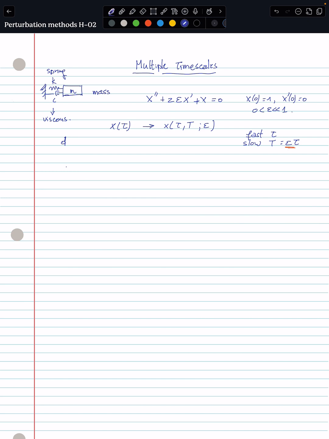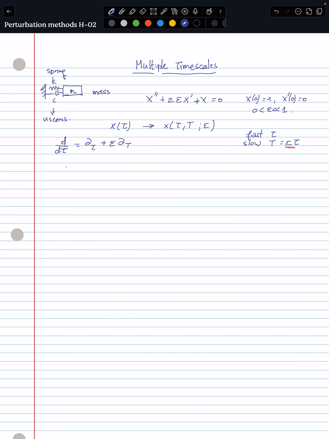This is not necessarily always justified, but if you try it and it works, this is exactly what you want. That's the principle of what is so-called a distinguished limit. So what you would write here is a partial derivative with respect to tau plus epsilon times the partial derivative with respect to T.